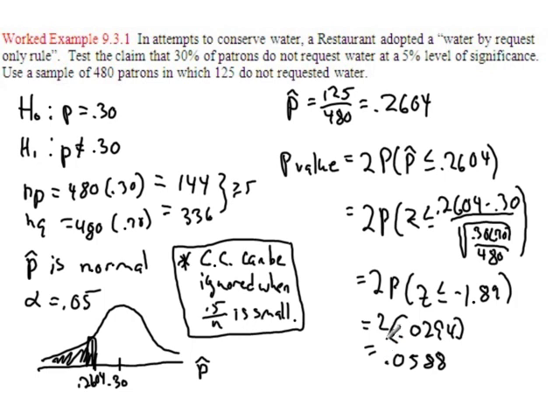And so at a 5% level of significance, since our p-value is greater than alpha, we don't reject H0. In other words, at the 5% level of significance, there's no reason to reject the claim that 30% of the people do not request water at the hotel.